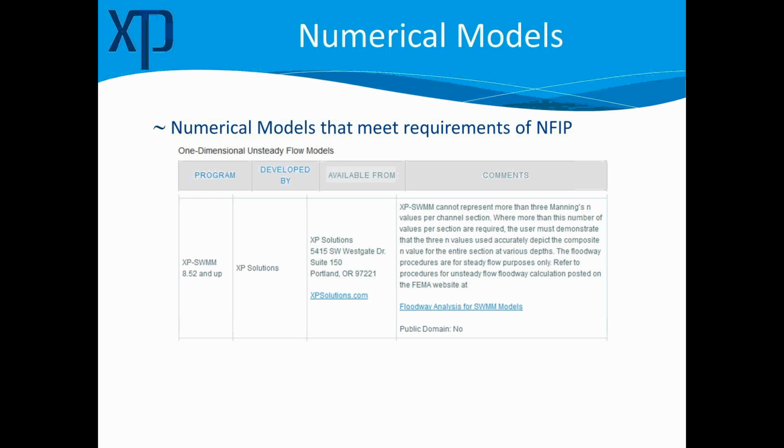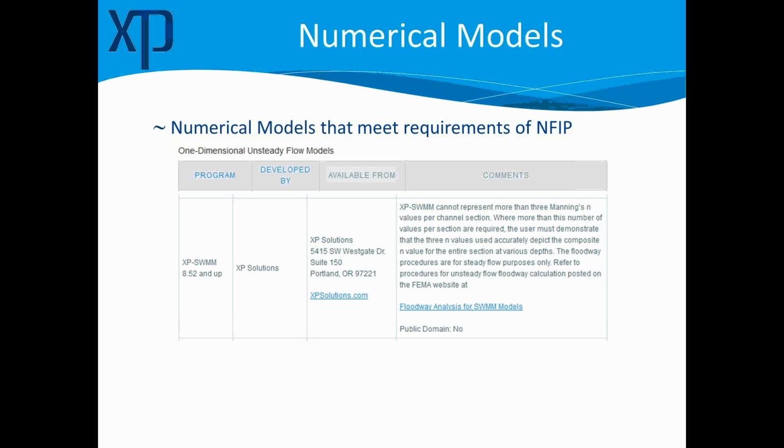So looking at some numerical models, for a long time there have been a lot of one-dimensional unsteady flow models. XP has been on that list for a number of years, so that's not very new, but I just wanted to point that out.